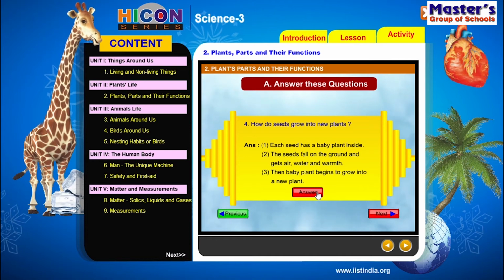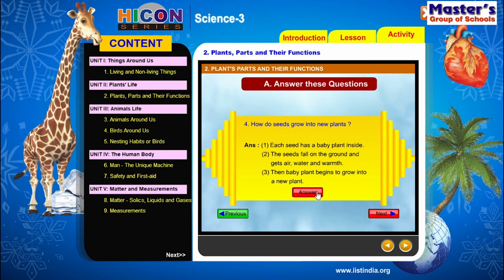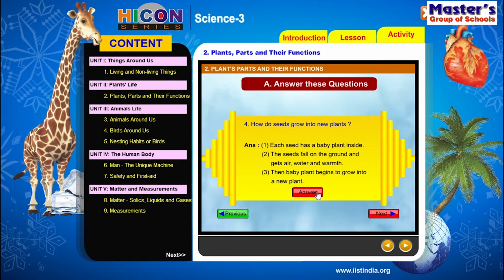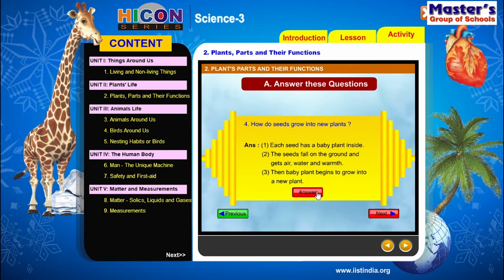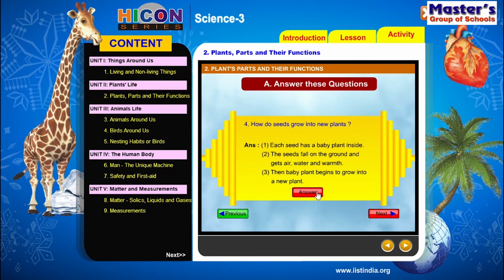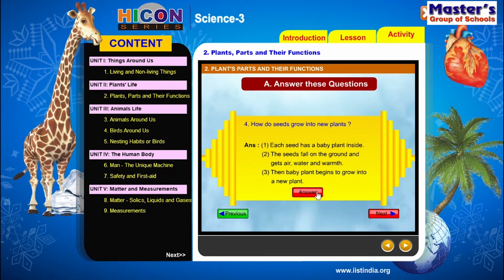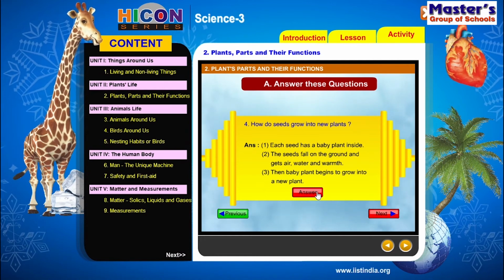Particularly, the seed is a non-living thing, and the seed contains a small baby plant called the embryo, and actually it does not have life. If the seed is supplied air, water and warmth, then the water enters into the seed, the baby plant gets life and it grows into a small plant.